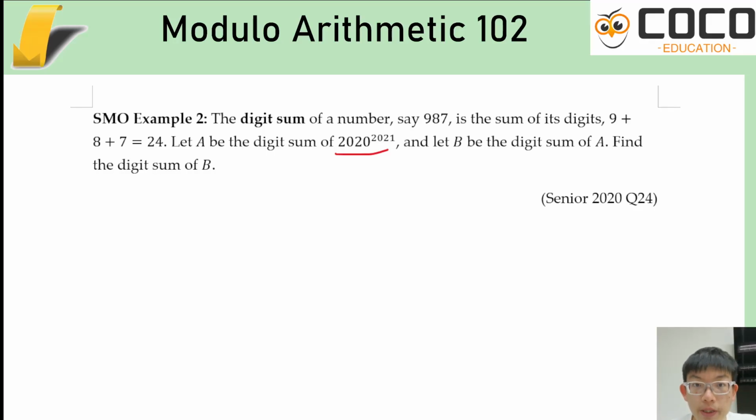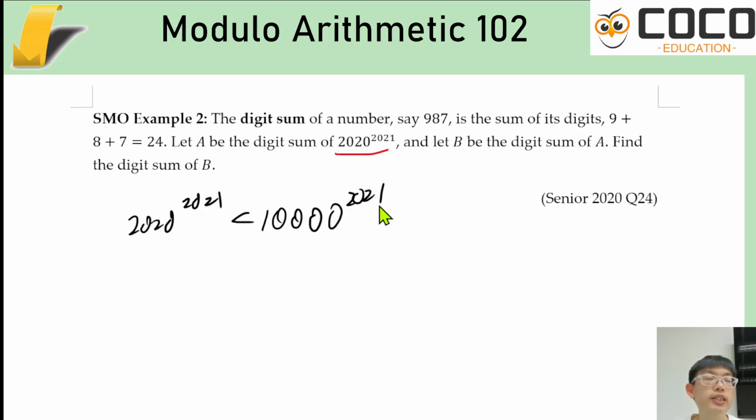And to explain why, I'm going to use the worst estimate you have probably ever seen, which is that 2020 to the power of 2021 is less than 10,000 to the power of 2021. This does not sound like a very good estimate. Well, I'm going to make it worse because this is 10 to the power of 8084. I'm just going to say that this is less than 10 to the power of 10,000.